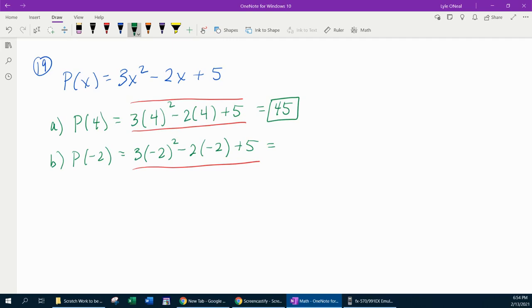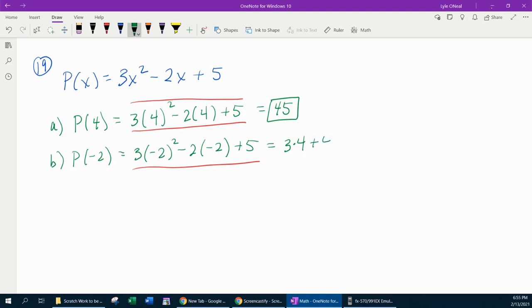So exponents first. Negative 2 squared is positive 4. So that'll become 3 times 4. Oh, and look what I've got here. Negative times a negative makes a positive.